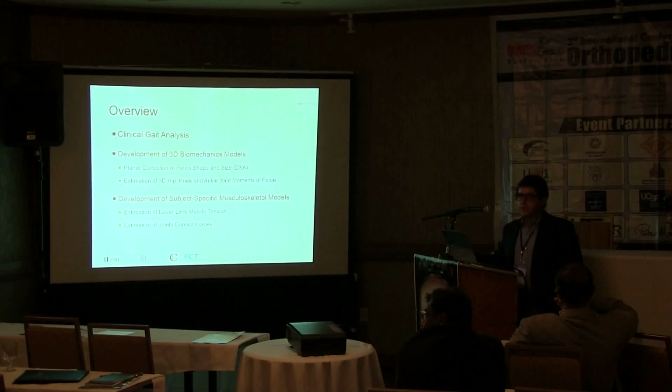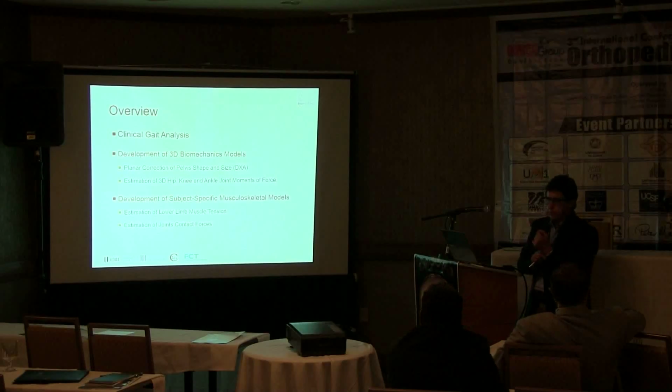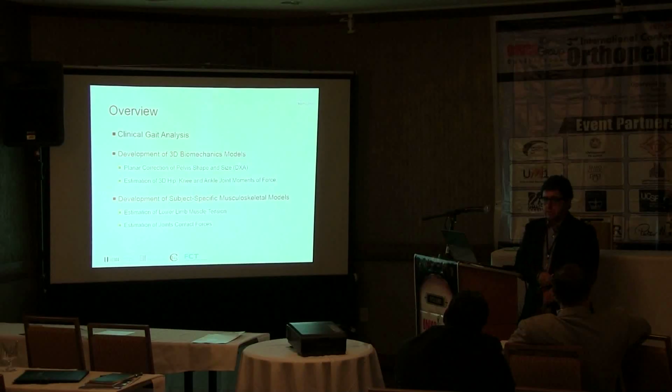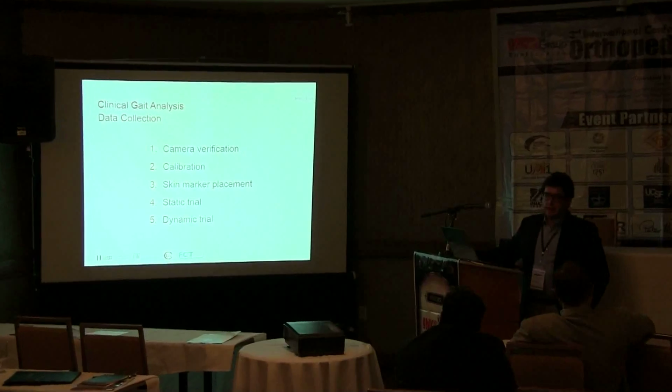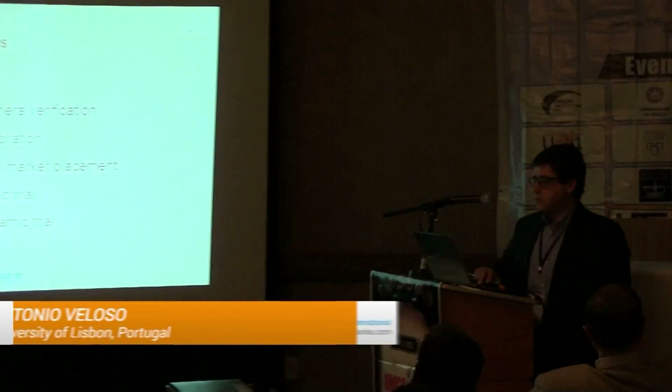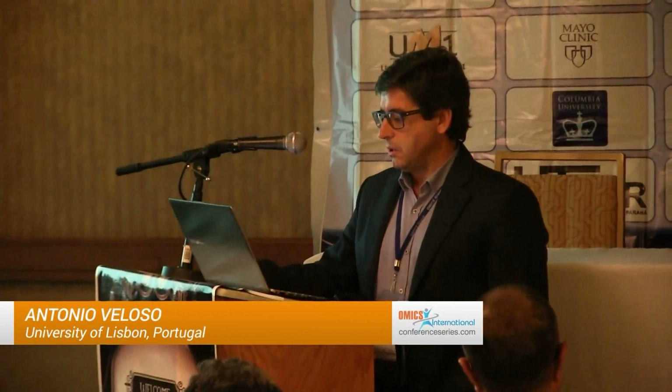Bone-on-bone forces are developed by weight and by ground reaction force, but a substantial part of the bone-on-bone compression is due to muscle action, which usually is not considered when you use just clinical gait models.